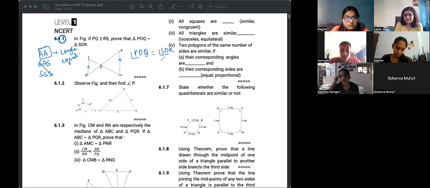Why are they equal? They are vertically opposite angles. That is done. Any other equal angles you can figure out? One more we need. Angle Q and S. Why will these two be equal?